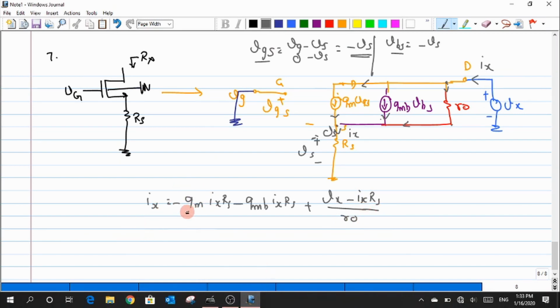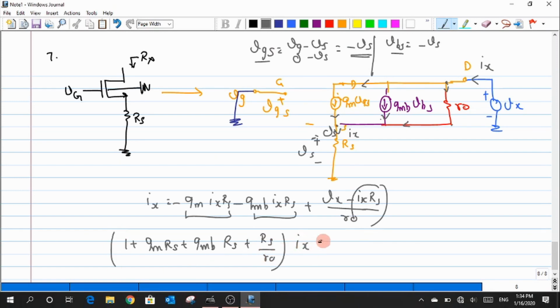I'll just need to pull out each of these terms towards the right, so that what I have is 1 from here, and then gm Rs, gmb Rs, and one more term from here, which is plus Rs by R0, and the whole of these has to be multiplied with Ix, and the leftover term is just Vx by R0.